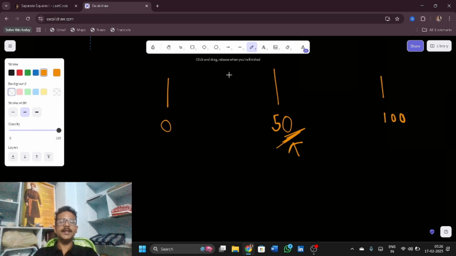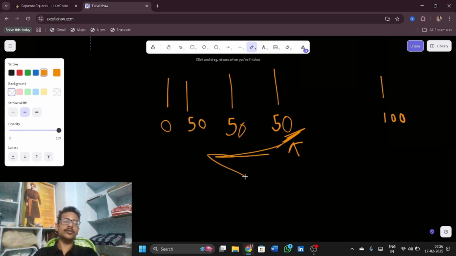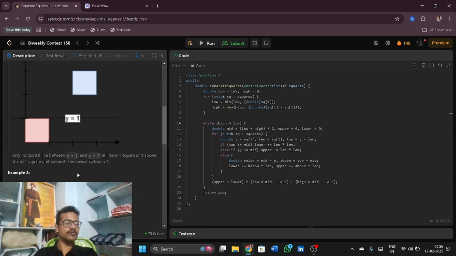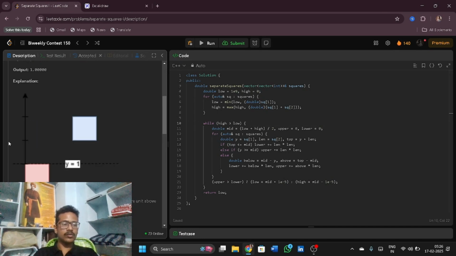But there is a case that 50 can also be here, and I can also go through the left. So if I search for something like 50, then I'll return at this point initially.